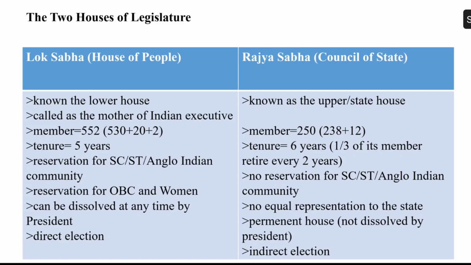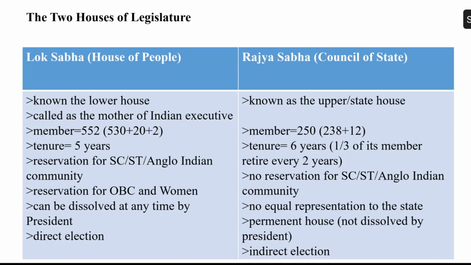It is directly elected. And the House of Rajya Sabha, the Council of States, also known as the upper house or the state house, has 250 members, out of which 238 are representatives of the states and 12 are nominated by the president.